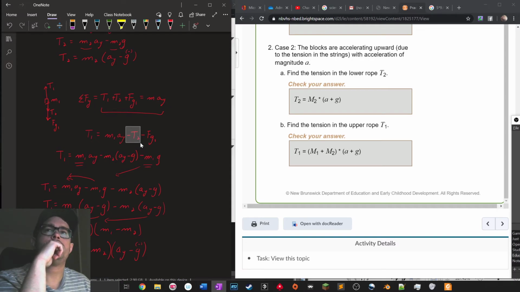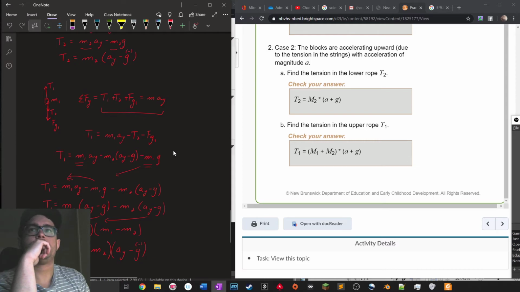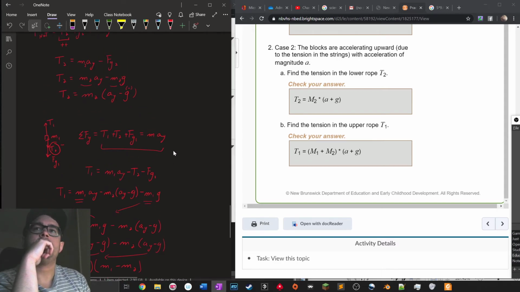This T2 is a minus force. So when I develop it like so, this T2 is this T2 up here, and this T2 is this, right? It's a negative force, with the minus and everything. These are different T2s.